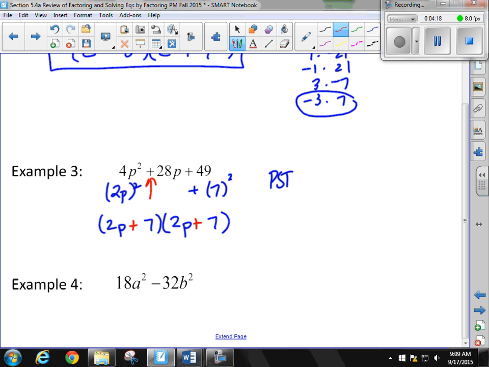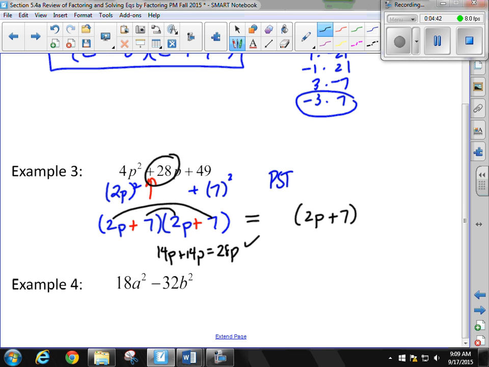And then you multiply the outside and the inside to check. 7 times 2p gives me 14p. 2p times 7 gives me plus 14p. 28p. That is my correct middle term, so that checks. So my perfect square trinomial factors as 2p plus 7 quantity squared. There's my square binomial.